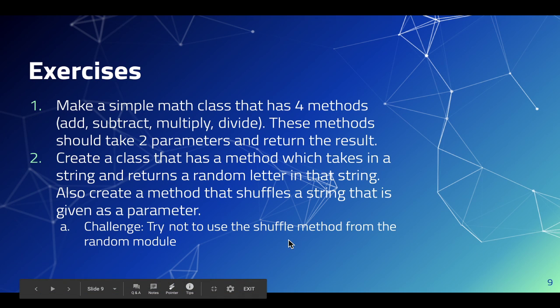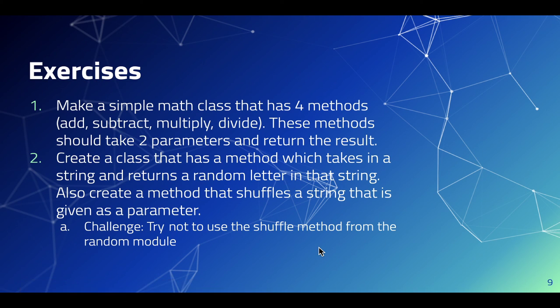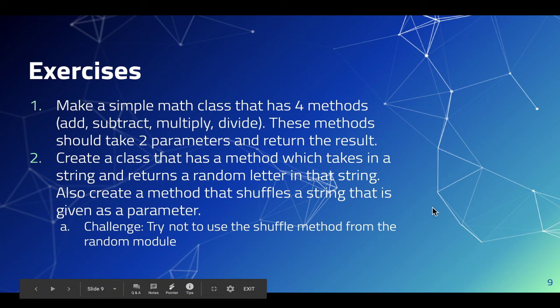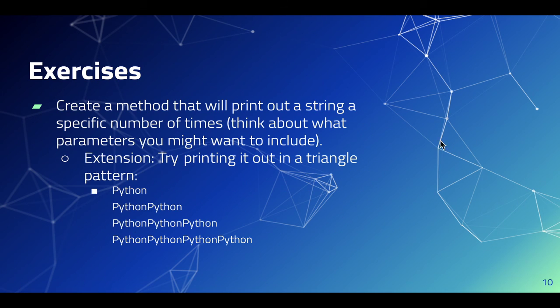Then, this is a challenge, try to shuffle the string that was provided as a separate method. An even bigger challenge would be to shuffle without using the random module. I'm sure most of you know the shuffle function in the random module, but see if you can do it without. This is a fairly difficult one, but perfectly doable.